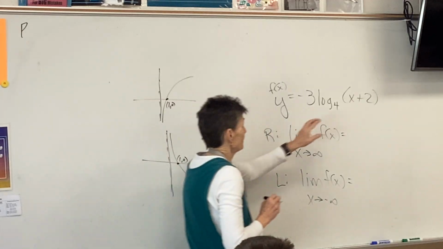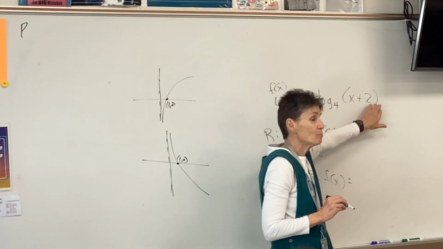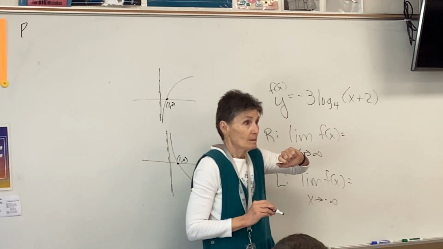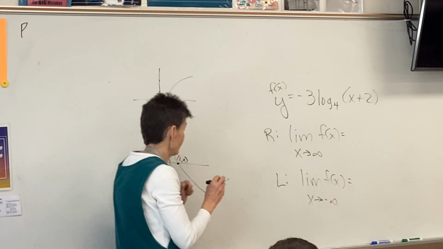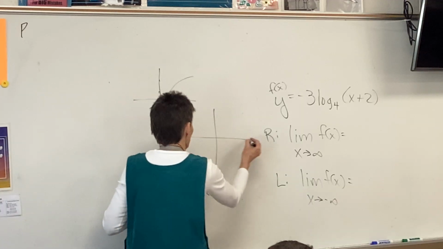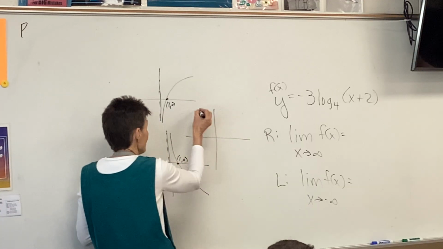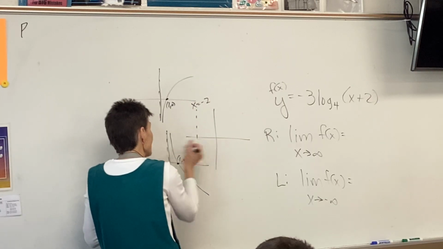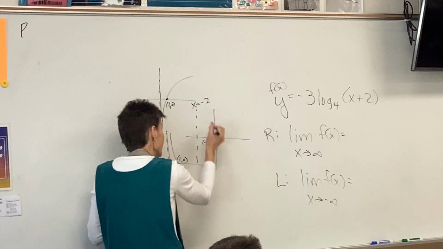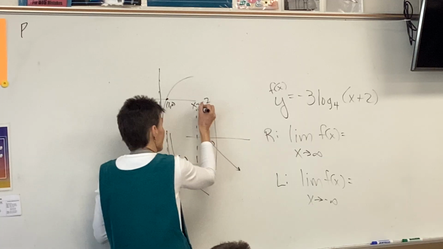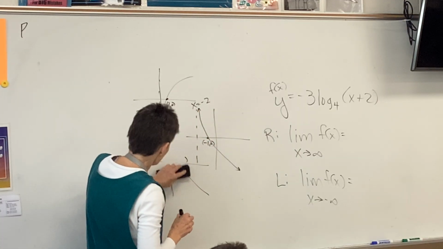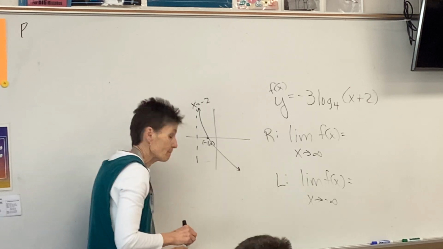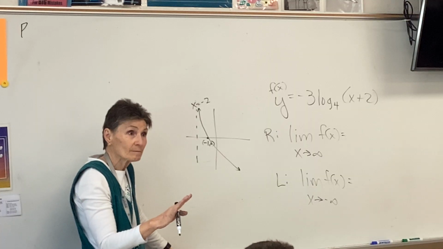But then, adding something to my x value is going to do what? Shift me left 2. So now, after all this messing around, I'm going left 2, so my asymptote is gonna be at negative 2. My intercept is gonna be at negative 1, and it looks like this. So I'm gonna erase all this so I don't get confused. So this is my picture. Are we good with that?